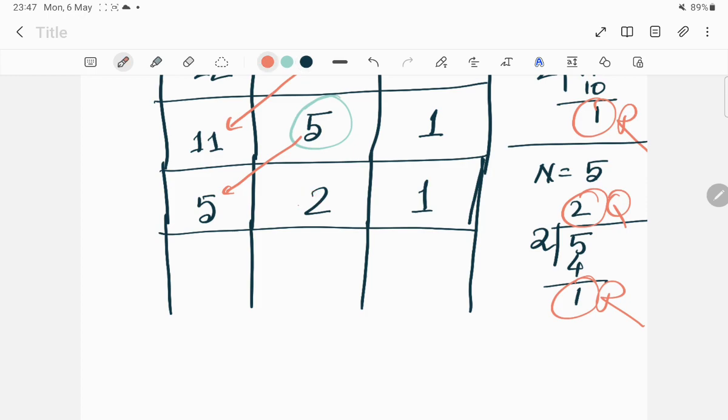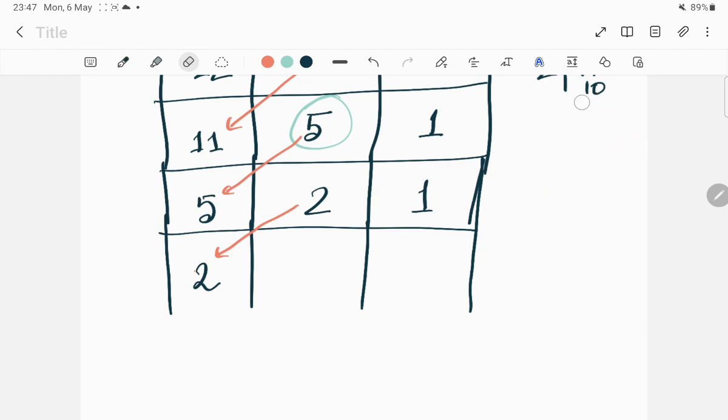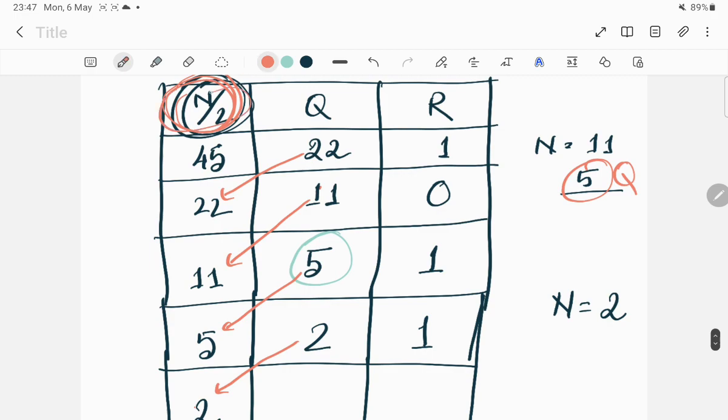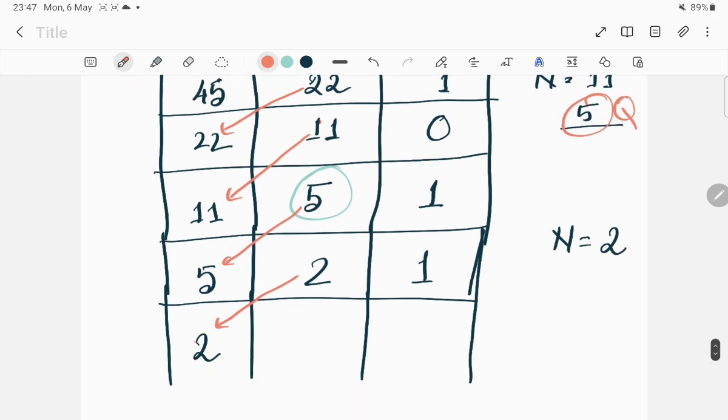Now what is the next step? This thing will come here. Now we have 2 here. Now what is our n? n is equal to 2. Now again we need to divide n by 2.